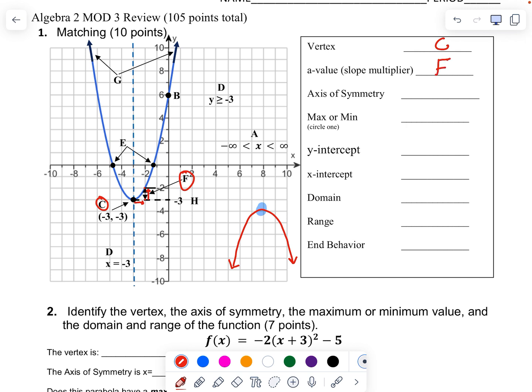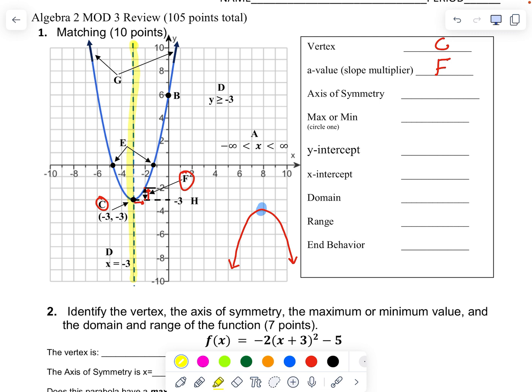The axis of symmetry. Simply, the axis of symmetry is the line that chops our parabola in half. So this right here is drawn with a dashed line because it is not part of our parabola. The parabola is drawn with a solid line because it contains all the points that are solutions for our quadratic equation.